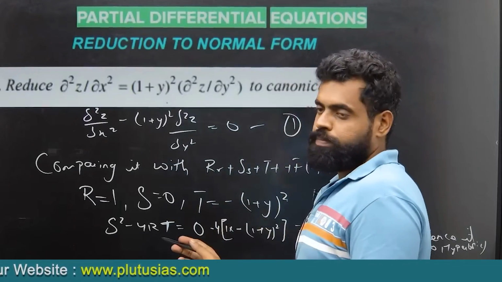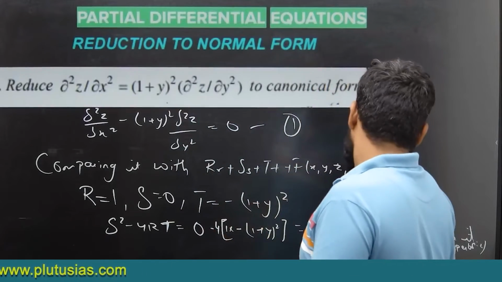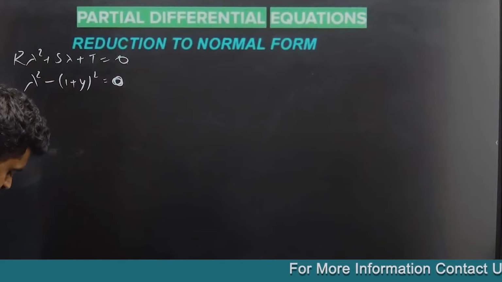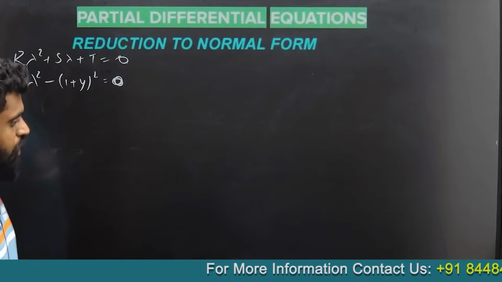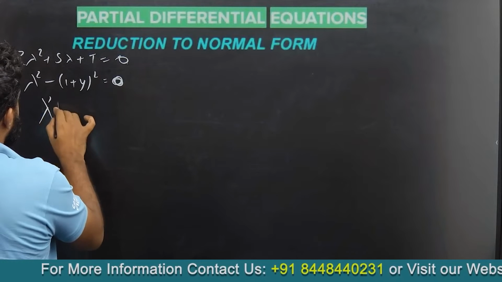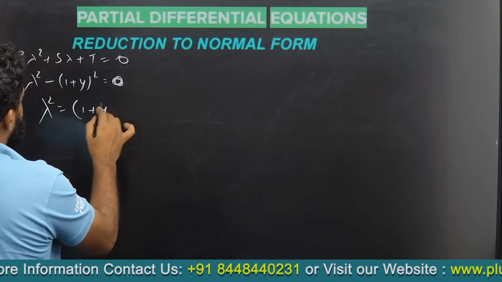See, this is our lambda equation. Now what would be the value of lambda? Lambda square is (1 plus y) whole square.